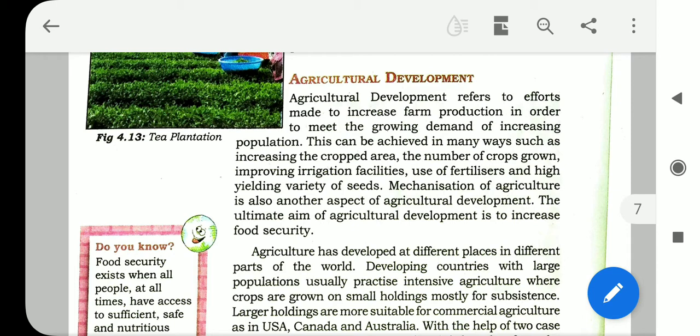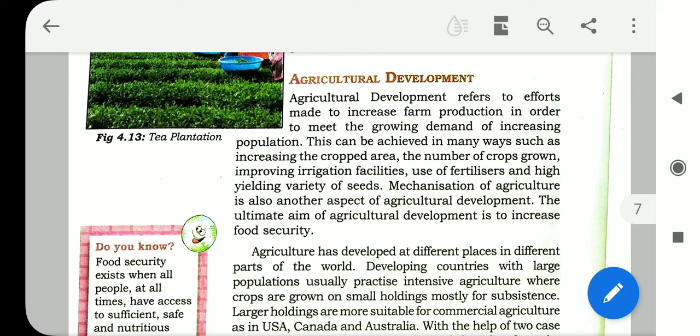Use of fertilizers and high yielding variety of seeds. In early days, the seeds were not examined in laboratories and fertilizers were not used. So by using high yielding variety seeds, which are examined in the laboratories, the production is more. So these are the things that developed. Development is always compared with the early days.